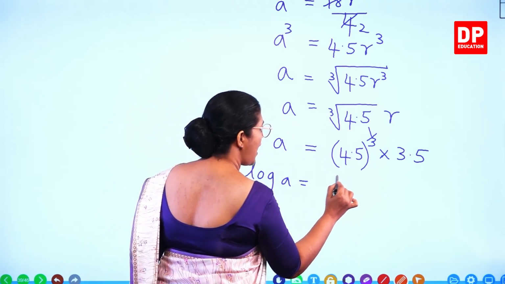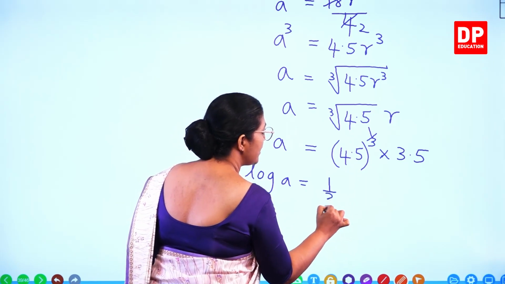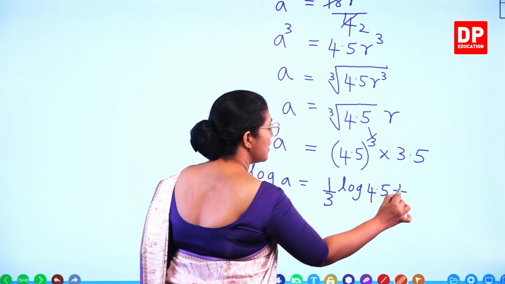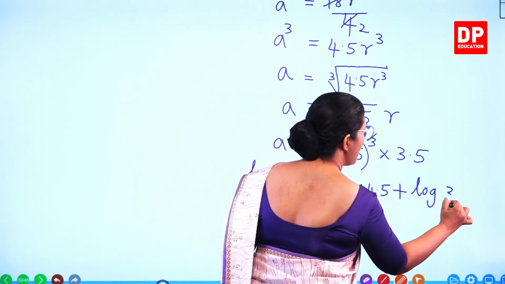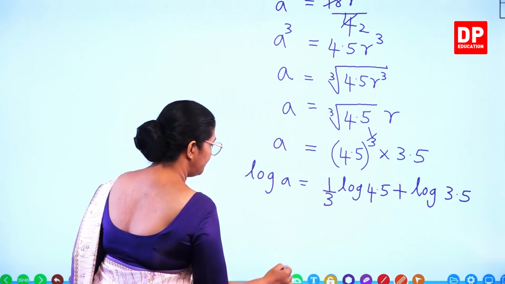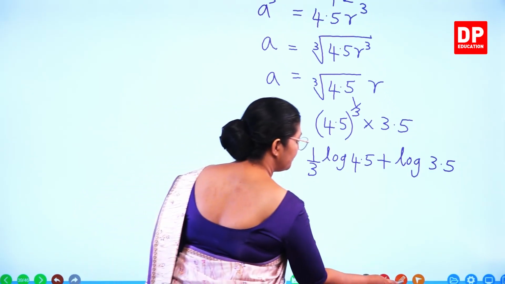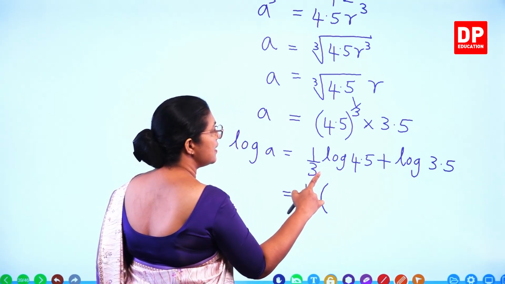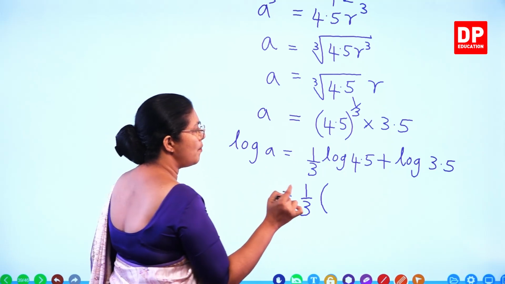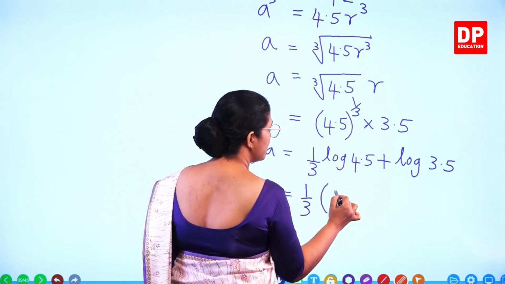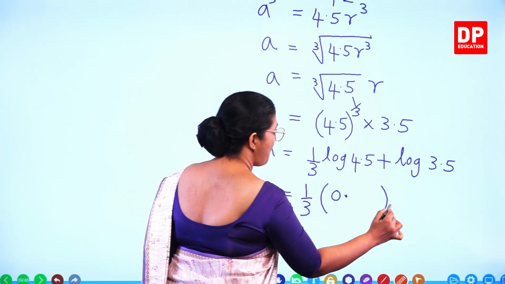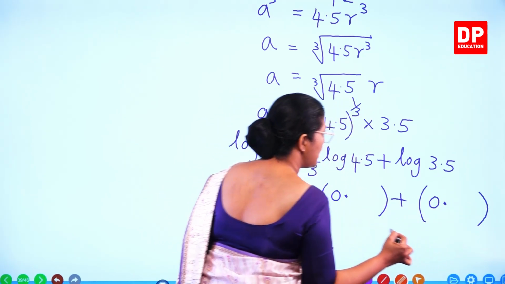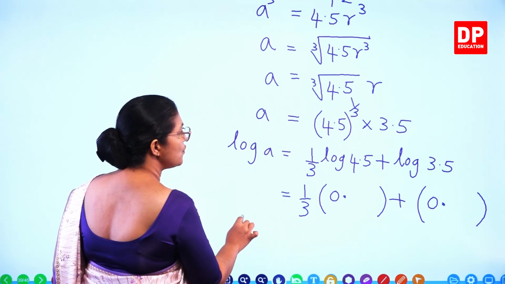So I can straight away write, taking the power down, 1/3 log of 4.5 plus log of 3.5. Now, what is the mantissa? 4.5, when you write in standard form, that's power 0. Here also the characteristic is 0. Now we have to use the log tables and find out these values.